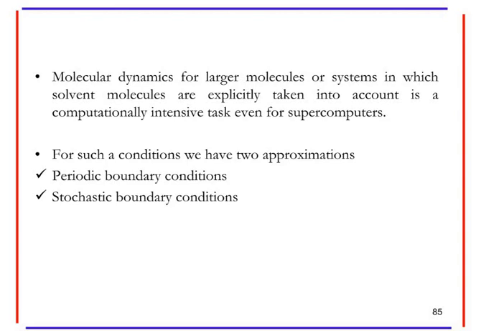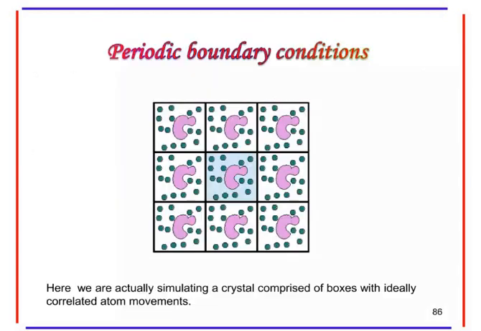Molecular dynamics for large molecules or systems in which solvent molecules are explicitly taken into account is a computationally intensive task, even for a supercomputer. For such conditions, we have two approximations: periodic boundary conditions and stochastic boundary conditions.